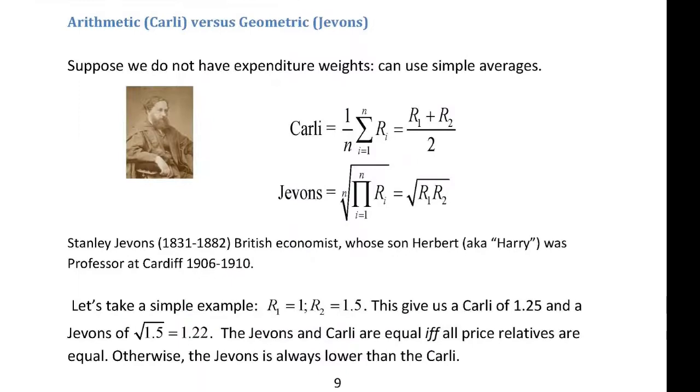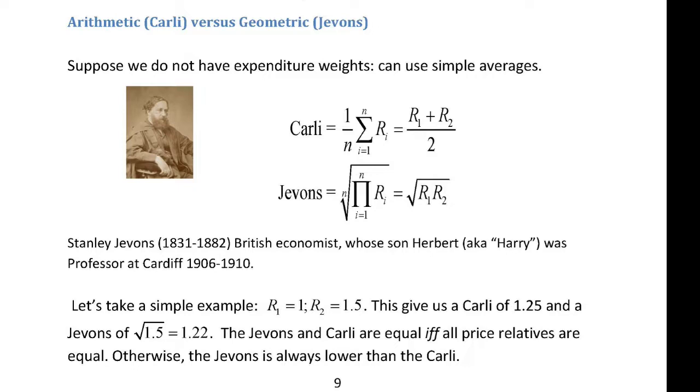Look what happens if you know the prices and quantities: you can use Laspeyres or Paasche indices. If you don't know quantities, but you know expenditures, then you can express Laspeyres and Paasche in terms of price relatives and expenditures. But what happens if you don't know anything about expenditures?